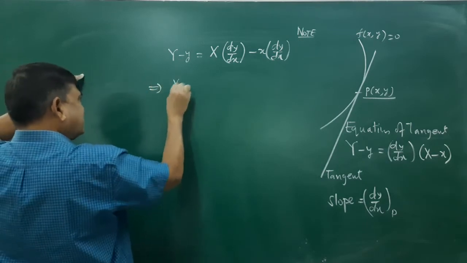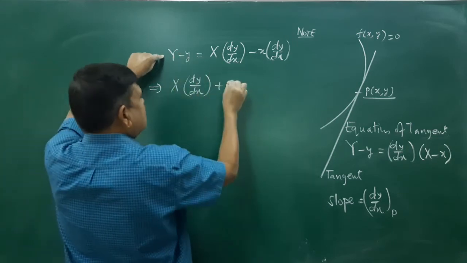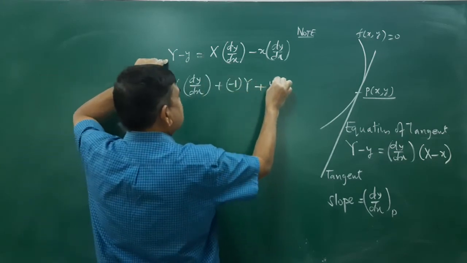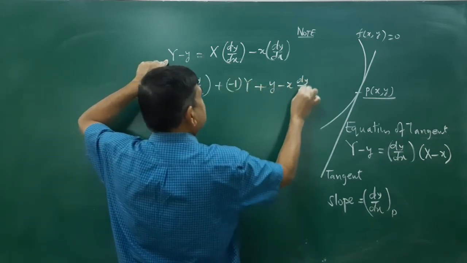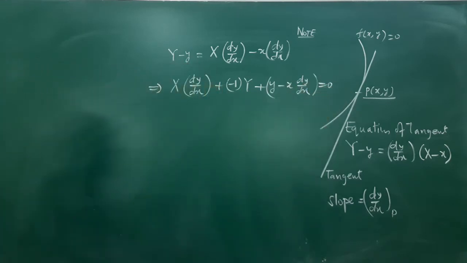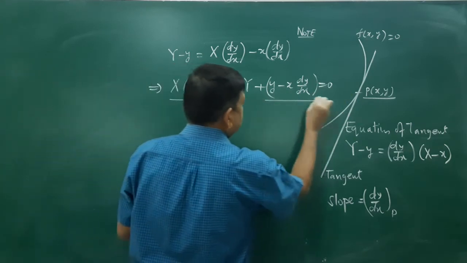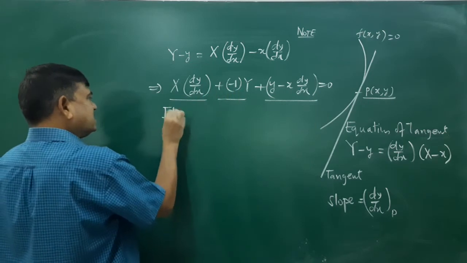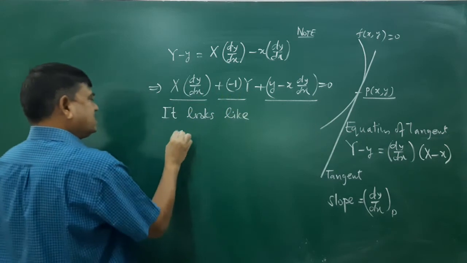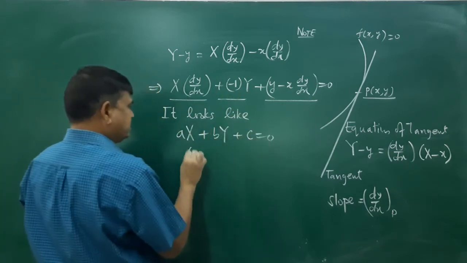This is X times dy by dx minus 1 times Y, plus y minus x dy by dx equals 0. Look at this. It looks like the line ax plus by plus c equals 0.